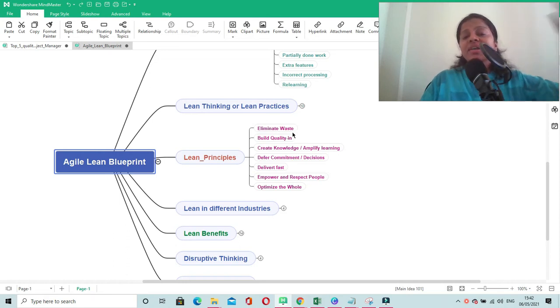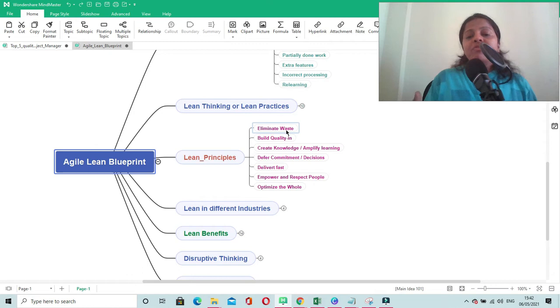In our earlier sessions also we have discussed eliminating waste is the primary motive in Lean methodology or Lean framework. So the first principle says eliminate waste or eliminate non-value adding activities, and you have to continuously improve your processes. You have to understand where the non value adding activity is happening and how you can remove that.